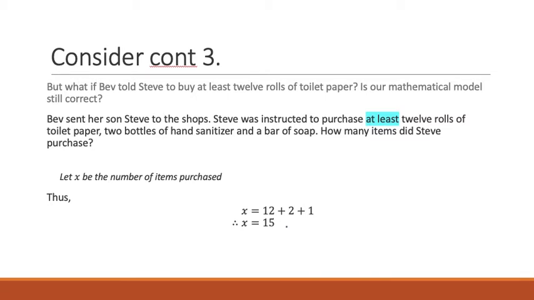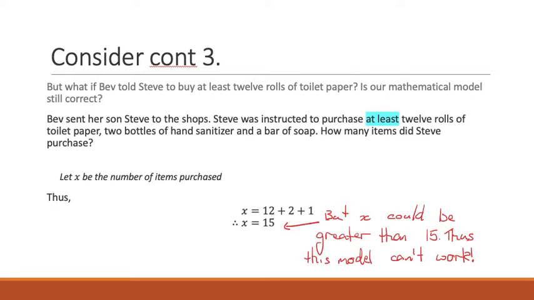Think about it. In this situation, he was asked to buy at least. So did he come home with exactly 15 items, or could he have come home with more items? Well, in this situation, this mathematical model doesn't hold up because x could be greater than 15.